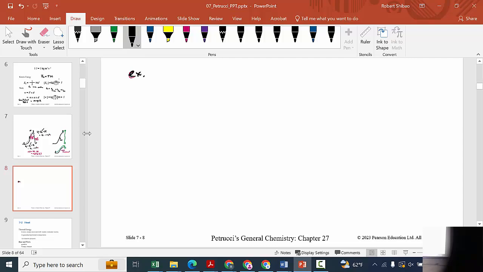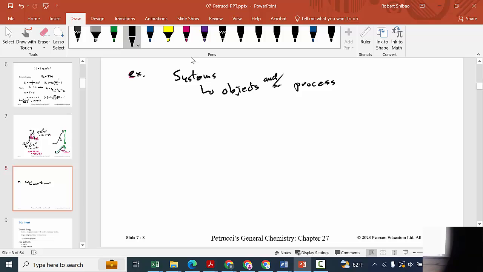When we look at systems, systems can be objects and processes.